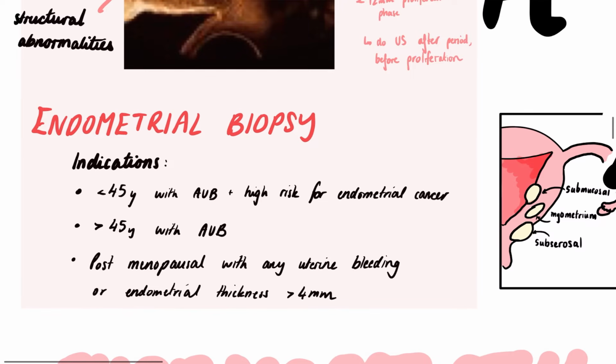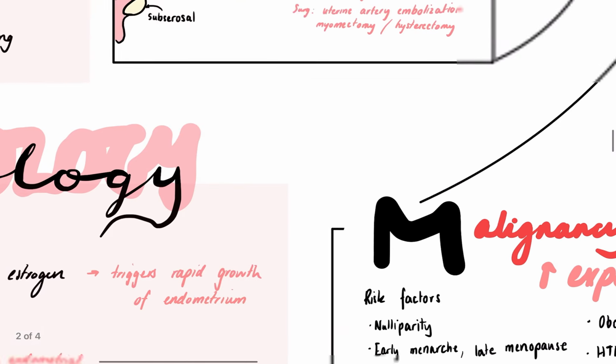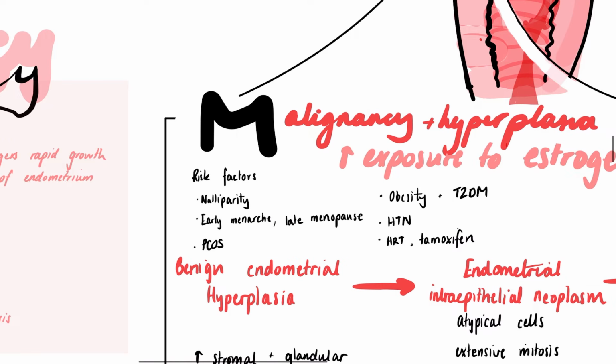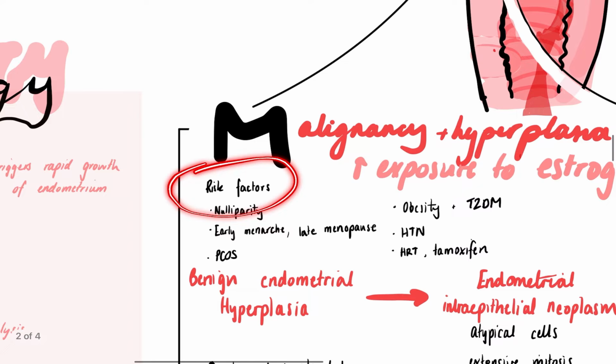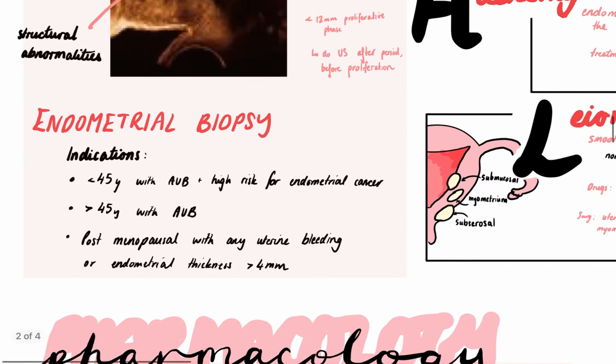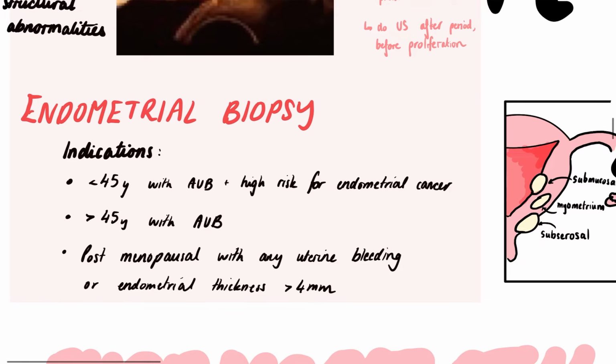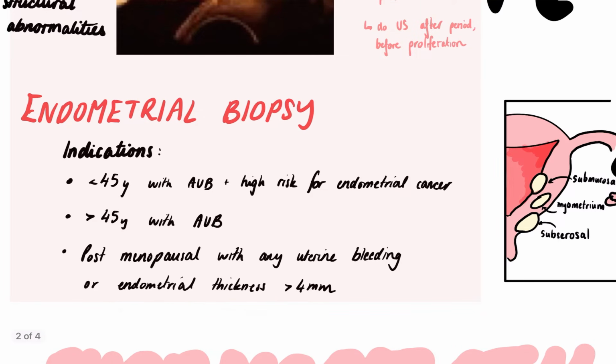So, endometrial biopsies are indicated for women who are less than 45 years old with abnormal uterine bleeding and a high risk for endometrial cancer, in the form of things such as family history or any of these risk factors. It's also indicated for any person over 45 years with abnormal uterine bleeding, and postmenopausal women with uterine bleeding or endometrial thickness more than 4 millimeters.